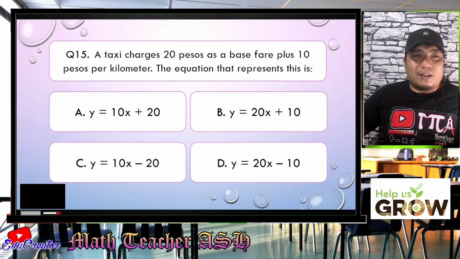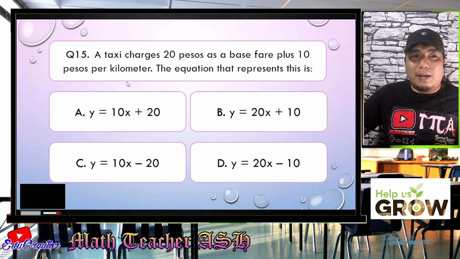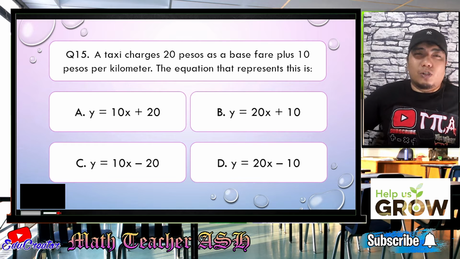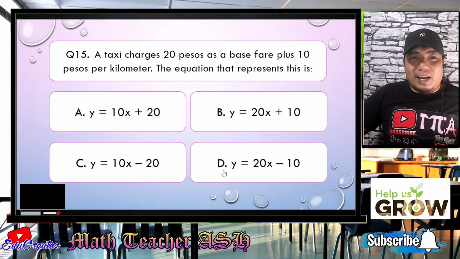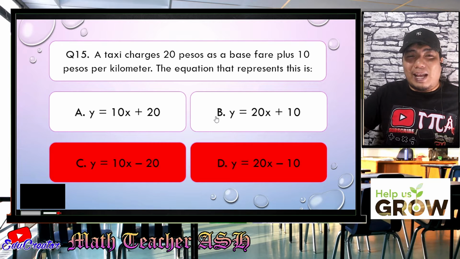Alright, my dear math learners, now as you can see here, we have the words plus 10 pesos per kilometer, and we have the base rate of 20. So, this is just like the example earlier about the worker that I have shared to you. So, of course, letter C and letter D is already wrong because they are using a minus. Right. Now, where is the correct answer for these two?